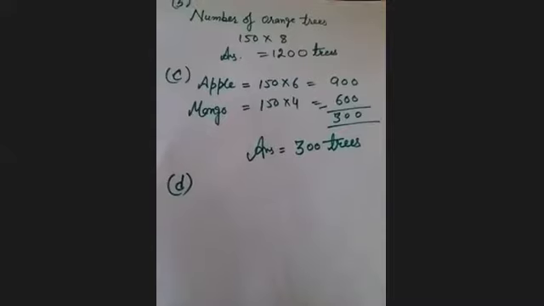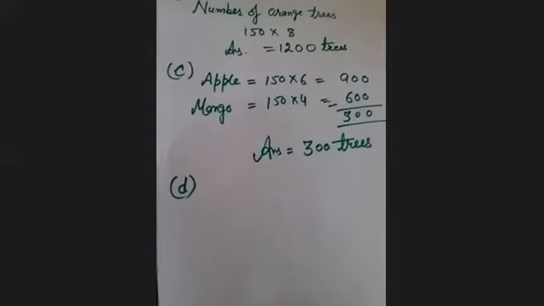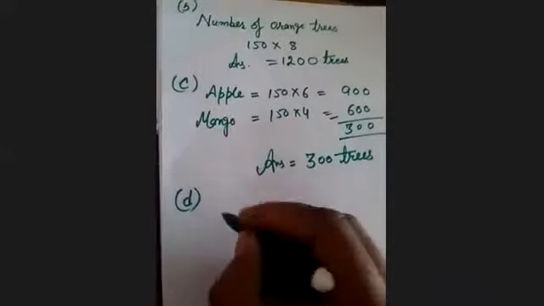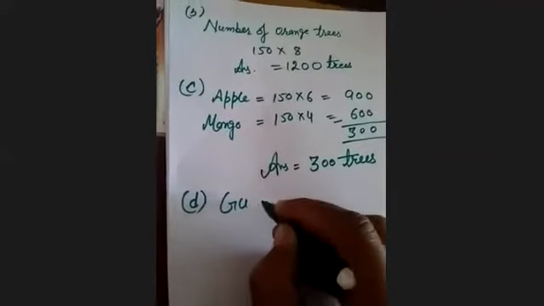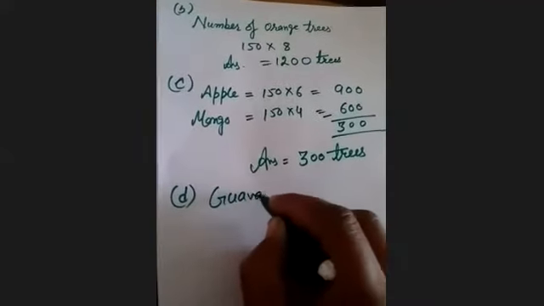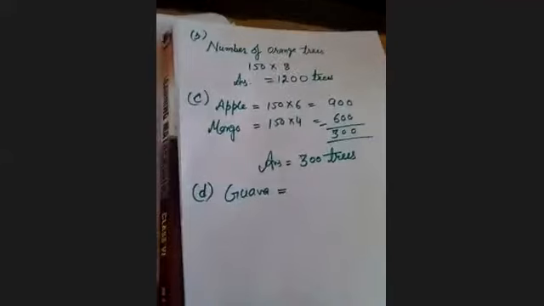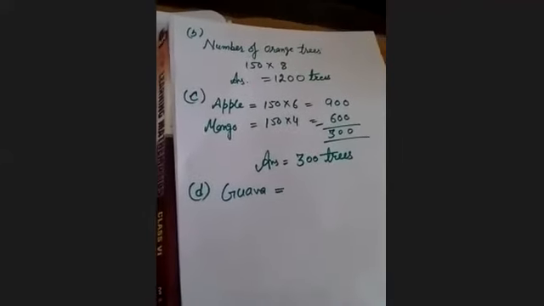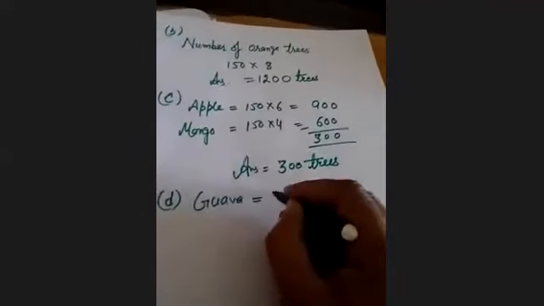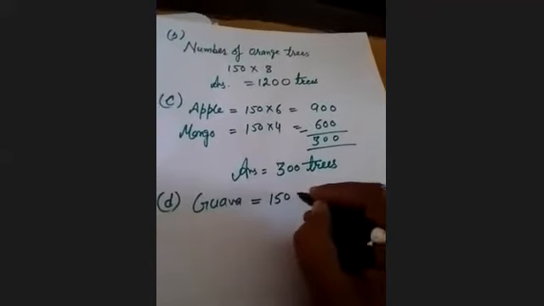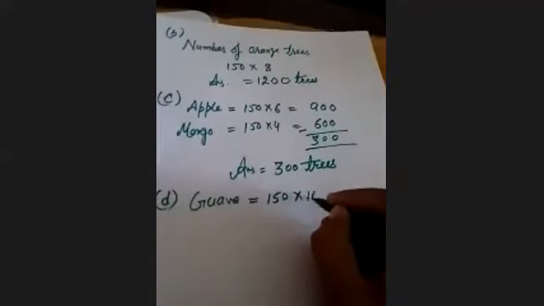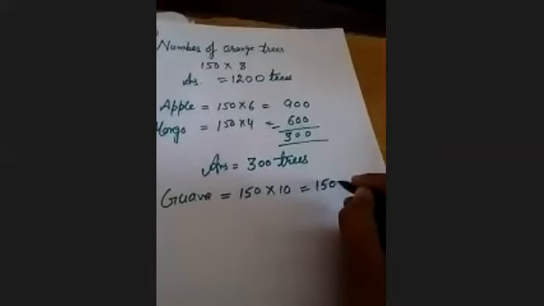First we will see how many guava trees are there. In this column we have 2, 4, 6, 8, 10 pictures. So 150 multiplied by 10. So there are 1500 guava trees.